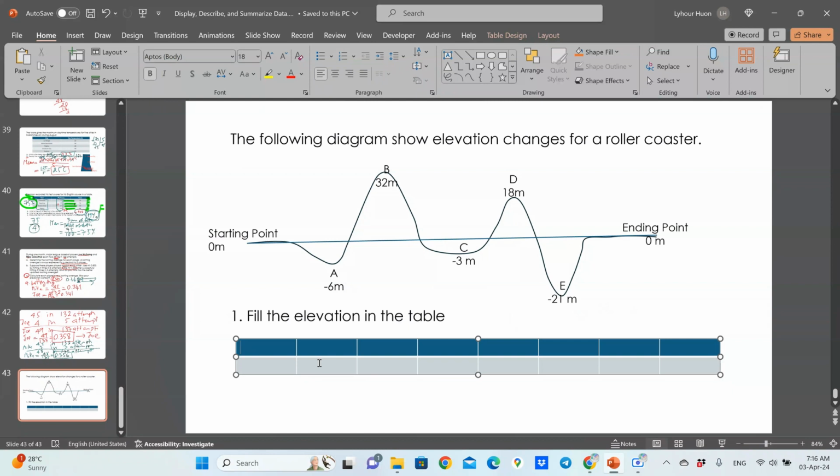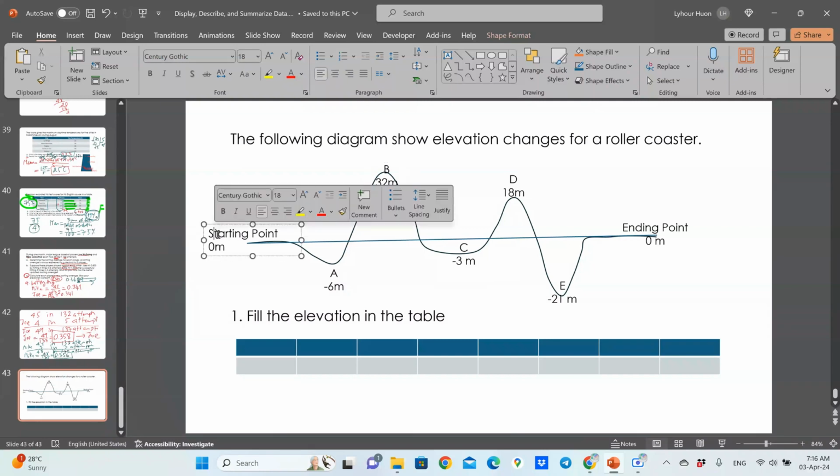So there should be two categories. One represents the starting point, A, B, C, D, E, and the ending point. That is one category, right?